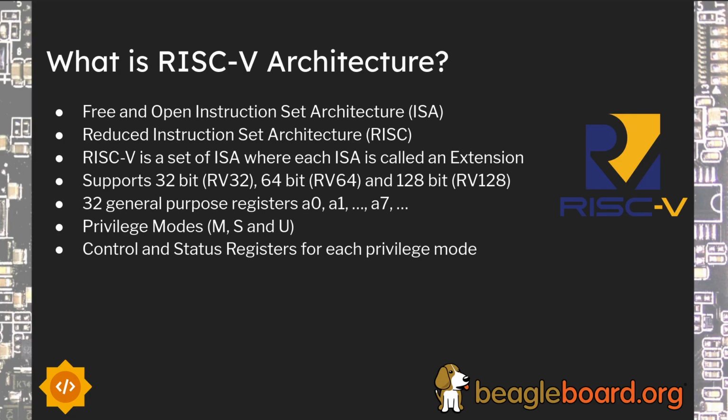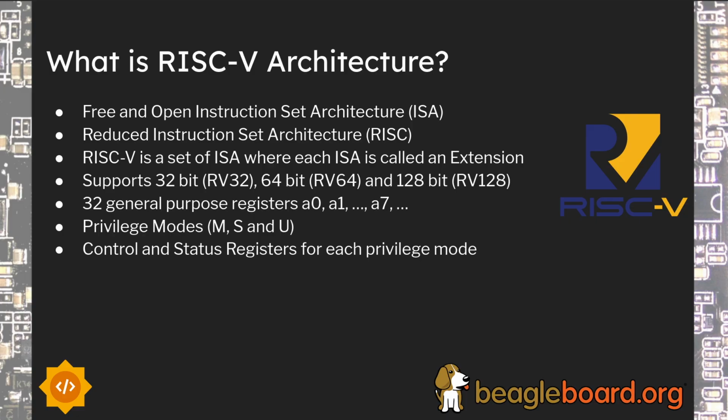And before we dive deep, a little bit of RISC-V architecture. So RISC-V is a free and open source instruction set architecture, and RISC stands for reduced instruction set computer. It is somewhat similar to ARM, but RISC-V is open source in nature as compared to the closed source nature of ARM.